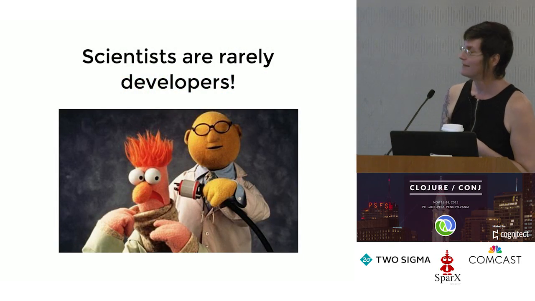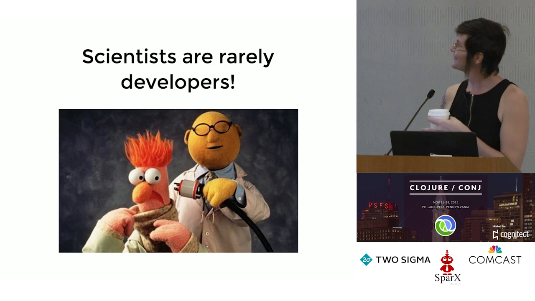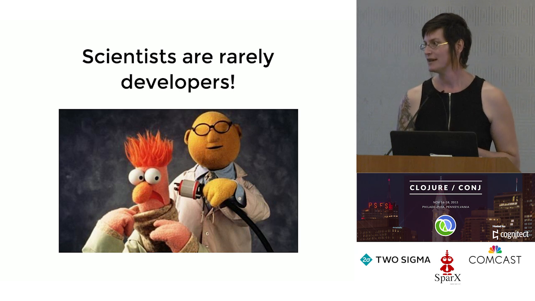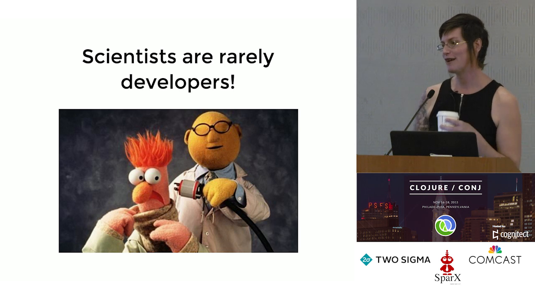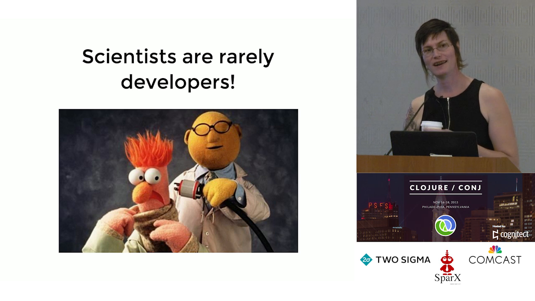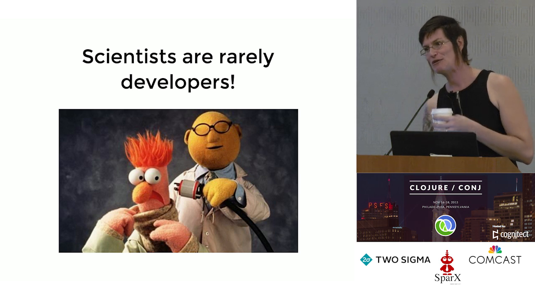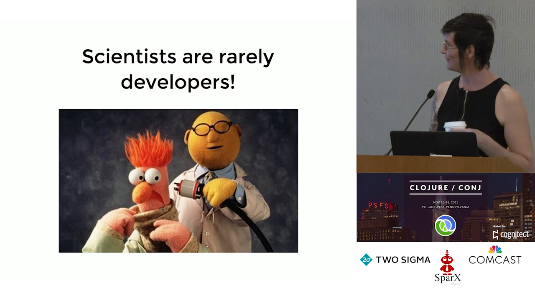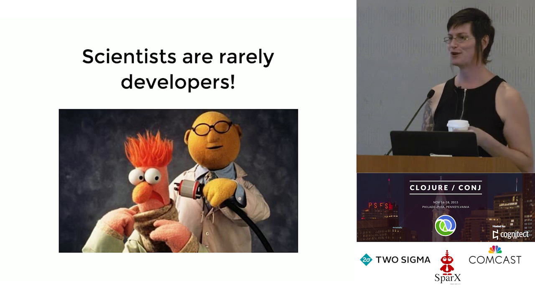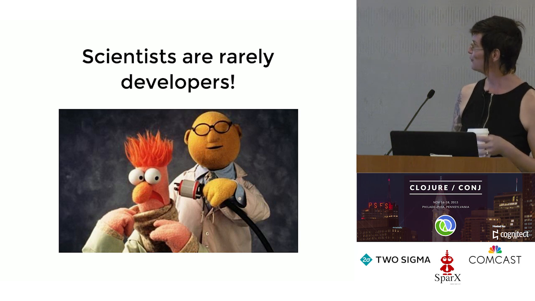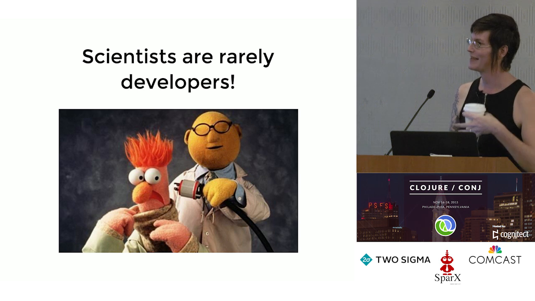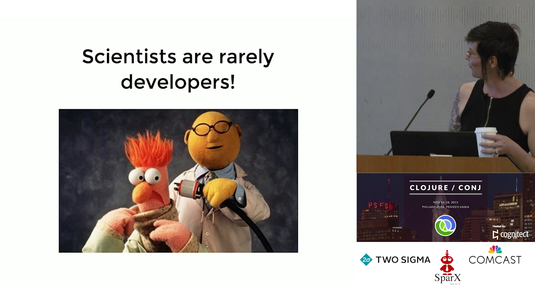And in short, the worst part is that scientists are rarely developers. I've seen some incredible code. In fact, in the building, a coworker of mine has removed, I think, 345 gotos to date from one piece of code that was written 25 years ago, started by one person who has then passed it off more than once.